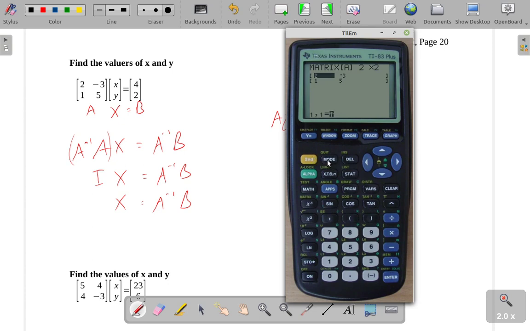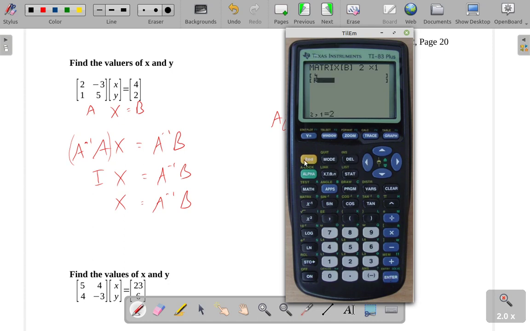You can see it's already in there. And then we'll do this one. This is a 2×1 matrix. 4, enter, 2, enter. Typing with my mouse here.